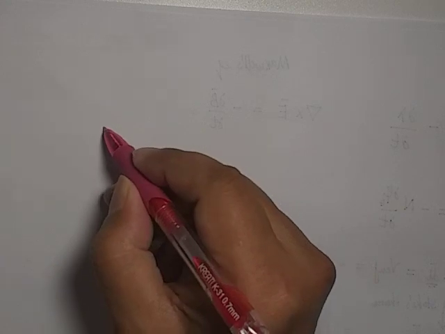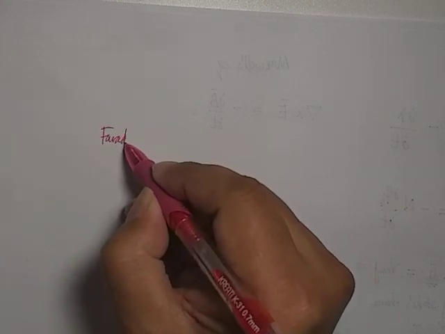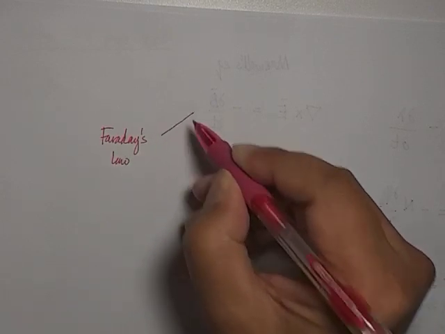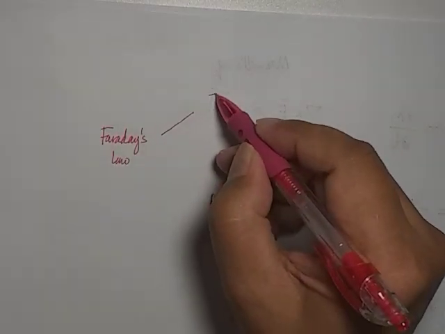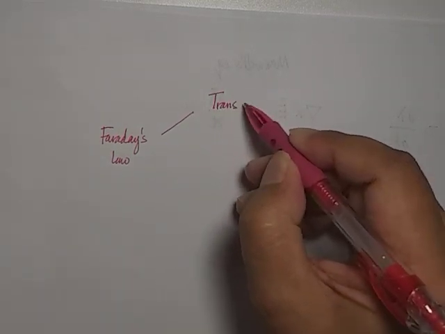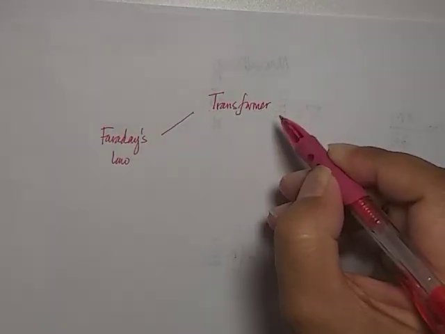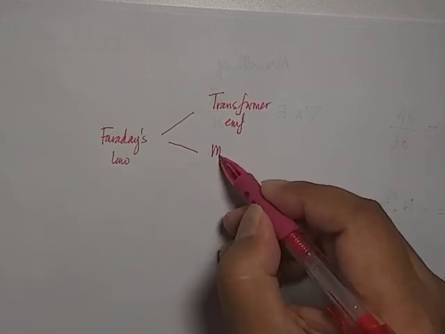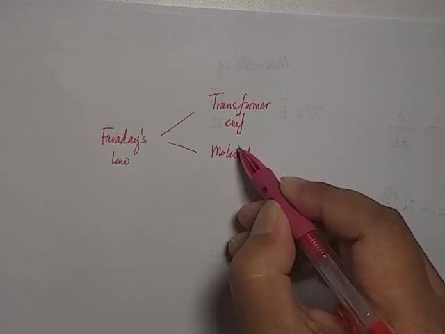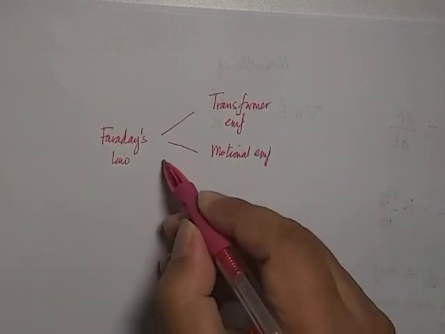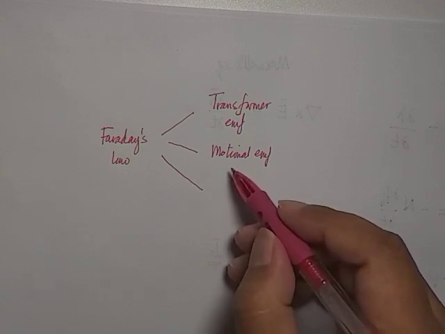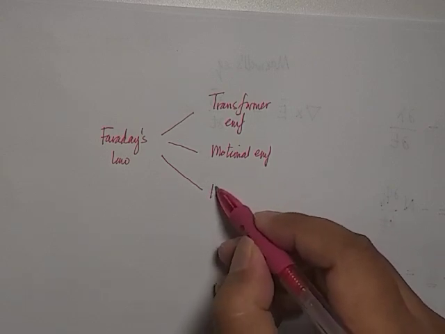For Faraday's law, as we have been shown, there are three forms of EMF. First, we call it transformer EMF. Second, we call it motional EMF. And the third type is the combination of transformer and motional, which we call hybrid.